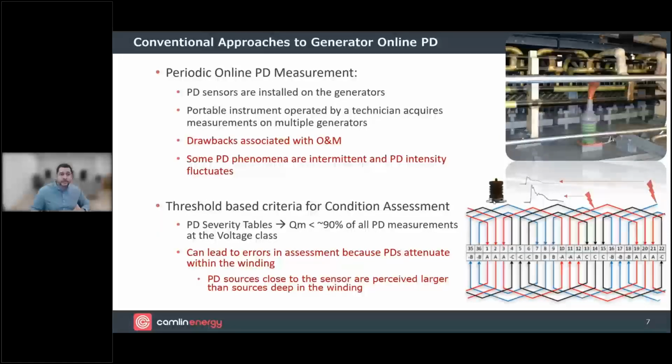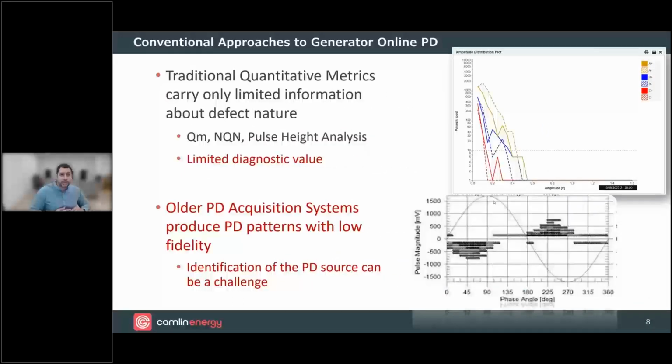So other limitations are related to quantitative metrics kind of carrying low information, okay? So traditional approaches looking at these pulse height analyses tables or diagrams where you compare pulses and repetition rate to the magnitude and kind of using it as a visual comparison of the magnitude of the negative pulse polarities versus positive is a bit limited in the sense that we can't always use it to diagnose specific failure mode types, right?